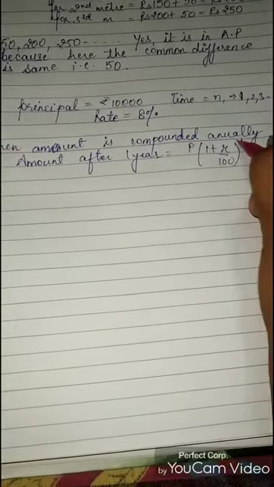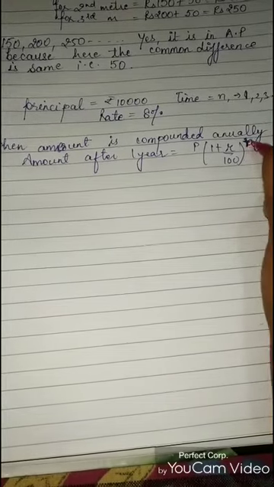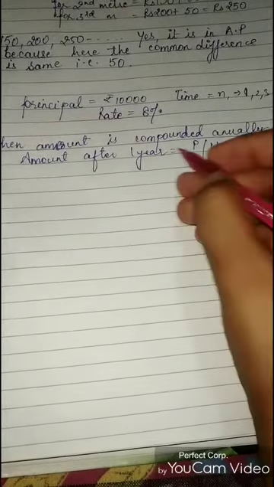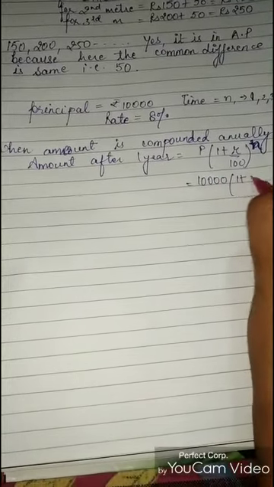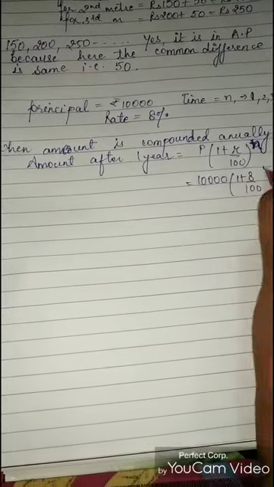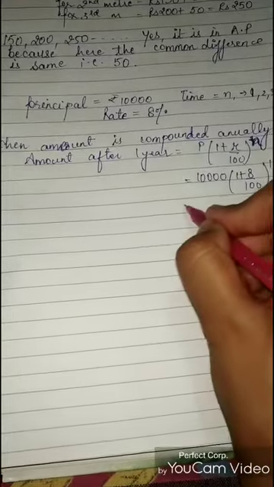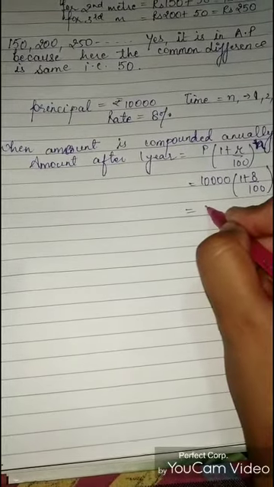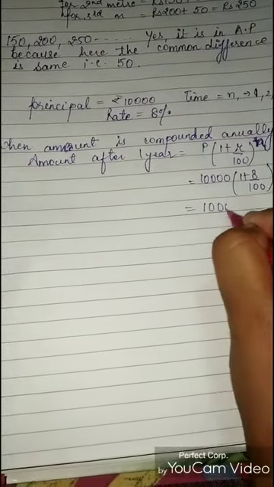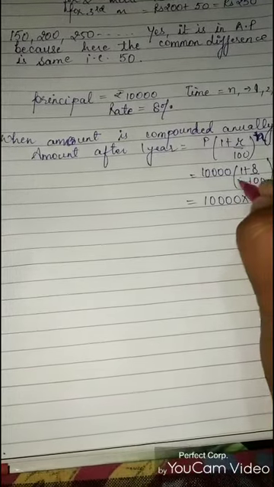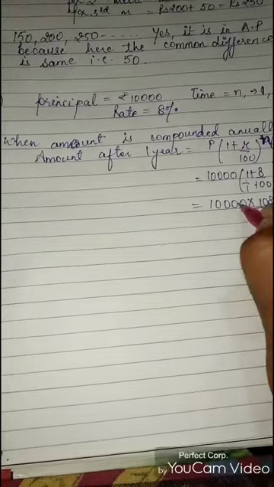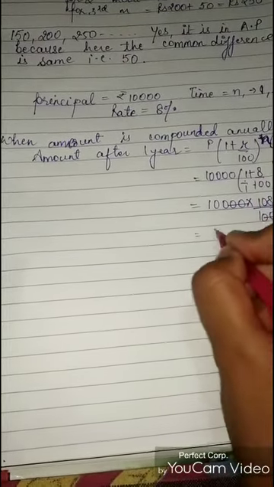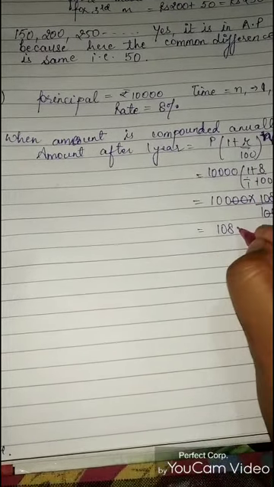T here is n, the time. So for 1 year it is 10,000 (1 plus 8 upon 100) raised to the power 1. Solve this. You will get 10000 into, take the LCM here, you will get 108 upon 100. Cancel these two zeros, you will get 108 upon.